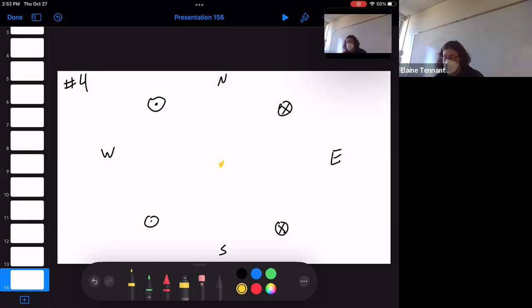So let's go around the circle. So for this guy in the northwest corner, he's either going to make a magnetic field in the clockwise direction or the counterclockwise direction. Which way will it be?